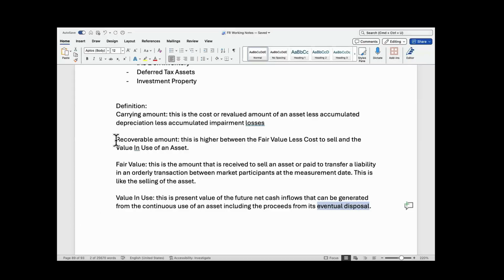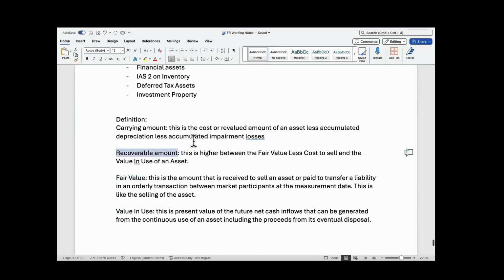So recoverable amount, to express it, is more like the higher, when you pick the higher between how much you can sell an asset for and how much you can get from using the asset, right? So we believe this is the realistic value of any asset. And on no account should you have a carrying amount that is now higher than this.